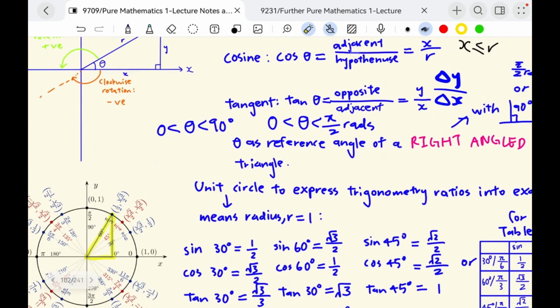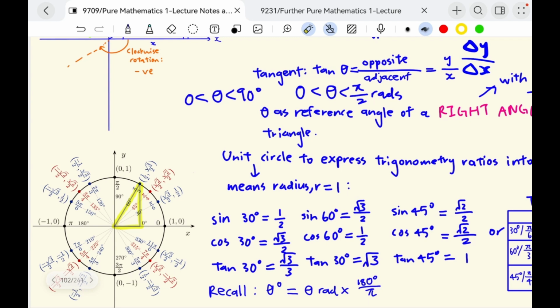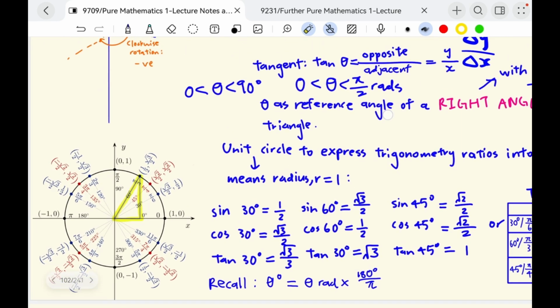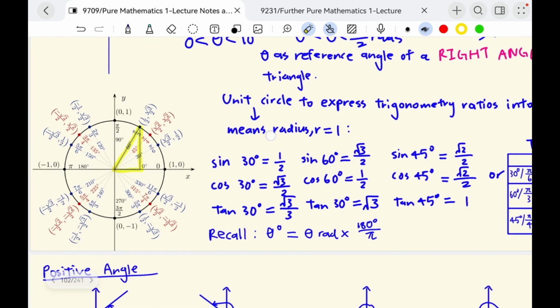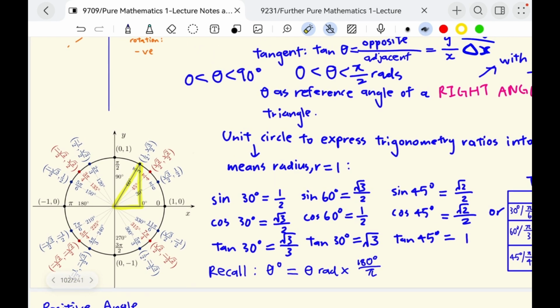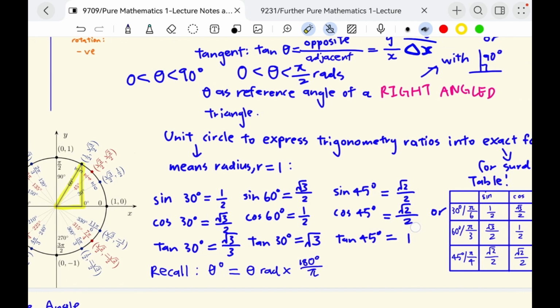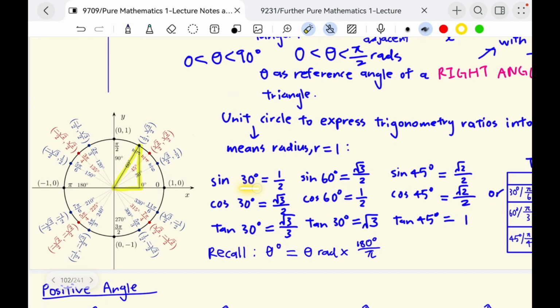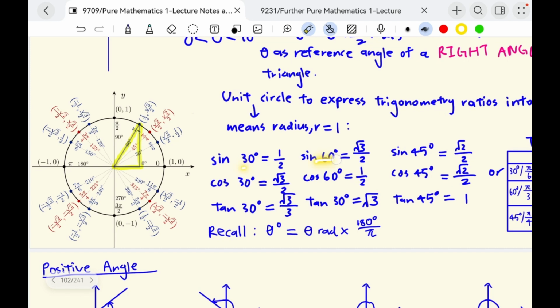Let's move on to the unit circle to define the trigonometric ratios. You can see there's a unit circle that carries a radius of 1, to validate the definitions of the trigonometric ratios using the unit circle. Although most angles do not have exact trigonometric ratios, some certain angles do: 30-degree, 60-degree, and 45-degree only.